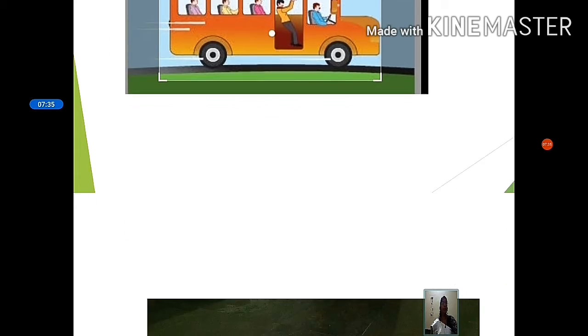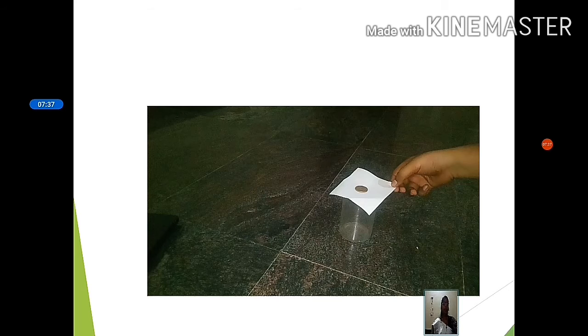Now, here there is a glass tumbler on which a paper is placed, and above it a 5 rupee coin. When we suddenly draw the paper, actually the coin which is above the paper should also move with the paper, is it not?